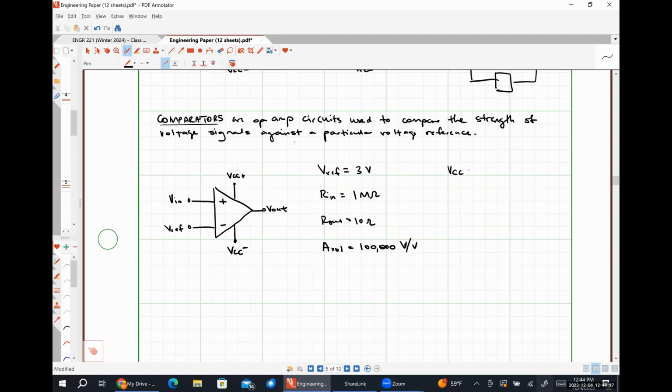So let's say that VCC plus is equal to positive 10 volts, VCC minus is equal to negative 10 volts. And then we're going to let Vn range from 0 is less than Vn is less than 10 volts.